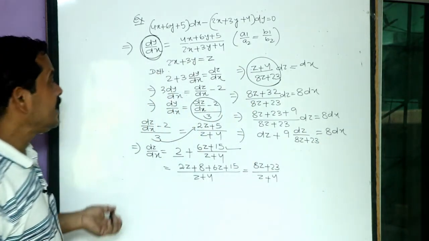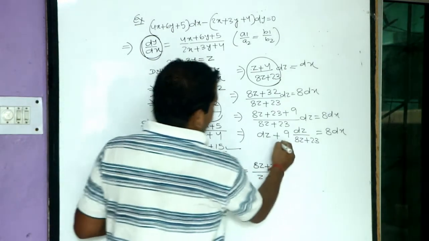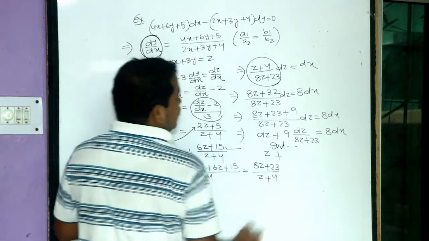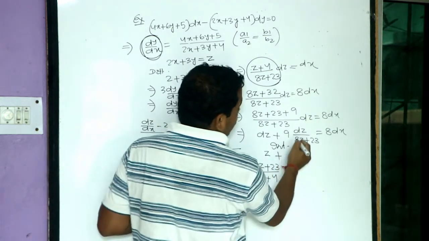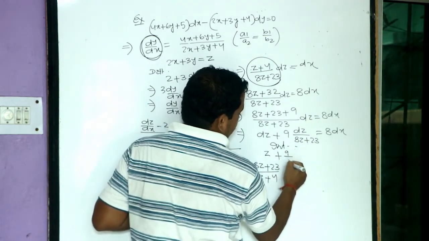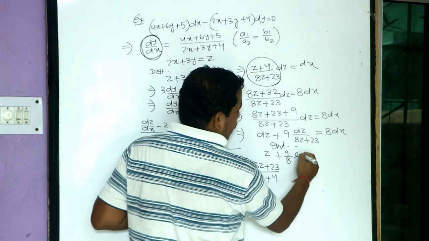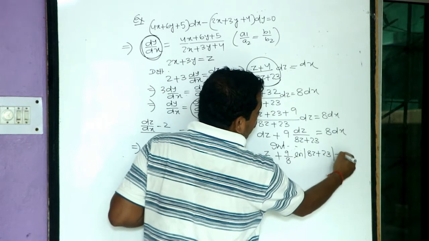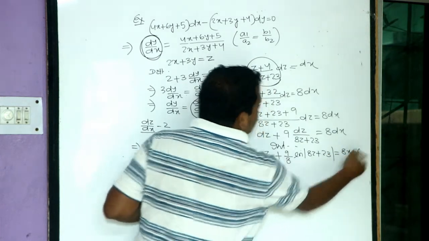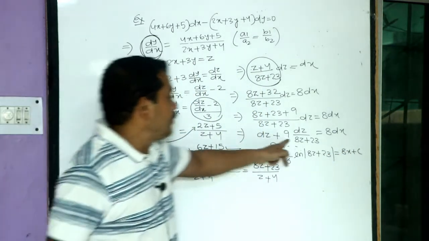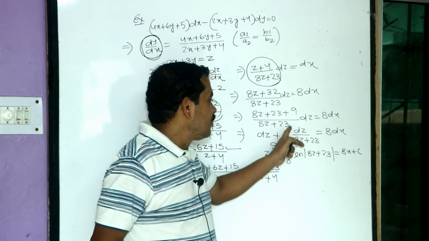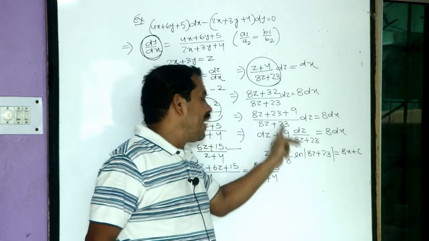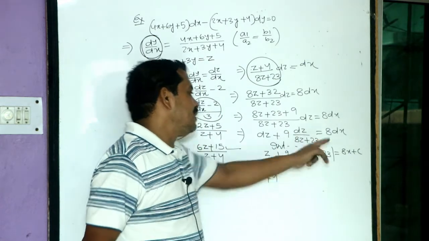Now we can easily integrate it. Integrating both sides, we have the integration of dz as z. Here the integration will be z plus 9 by 8 log(8z + 23) equals 8x plus c. Because if we take 8z plus 23 as t, then it is 8 dz, so you have to multiply by 8 here and also divide, so that will be 9 by 8.